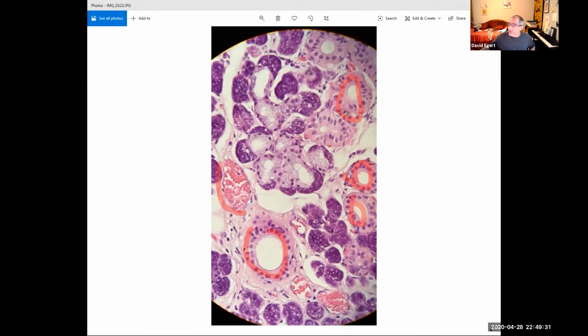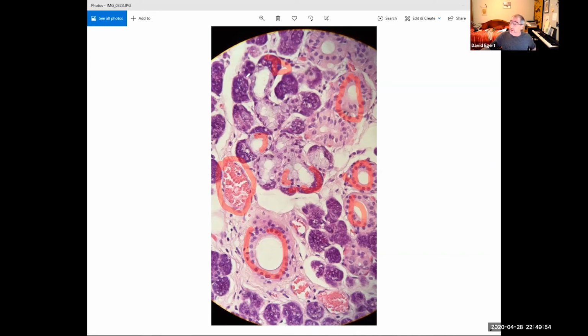This is going to be a vein because it's got really thin walls and it's full of blood cells. Here we can see mucus cells, these gloopy looking cells, along with the serous demilunes. So you should be able to look at a picture like this and kind of orient yourself and know that you are in a salivary gland.